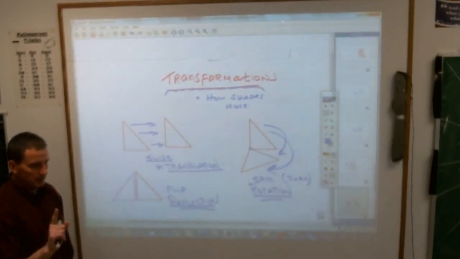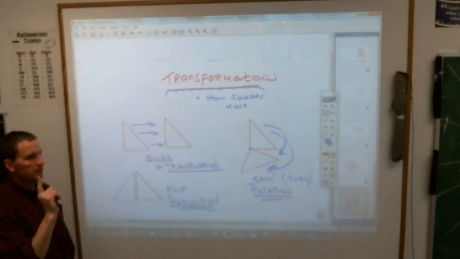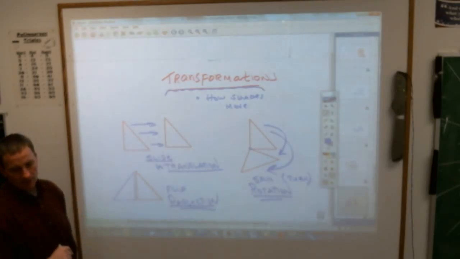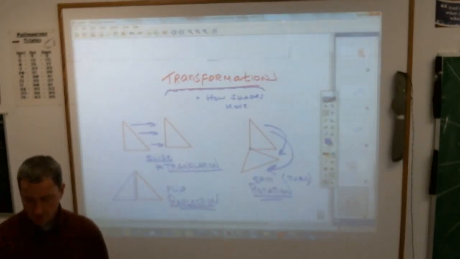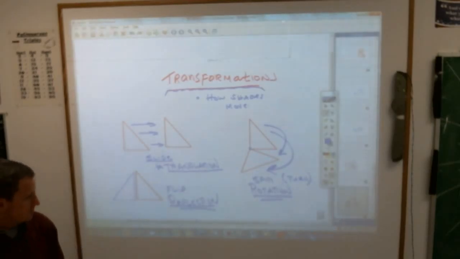How many degrees it rotated and about what point it rotated. How many degrees did that one rotate? 90 degrees in what direction? Clockwise or counterclockwise? That's usually what we talk about. Counterclockwise. That's a 90-degree counterclockwise transformation, which is a rotation thing.